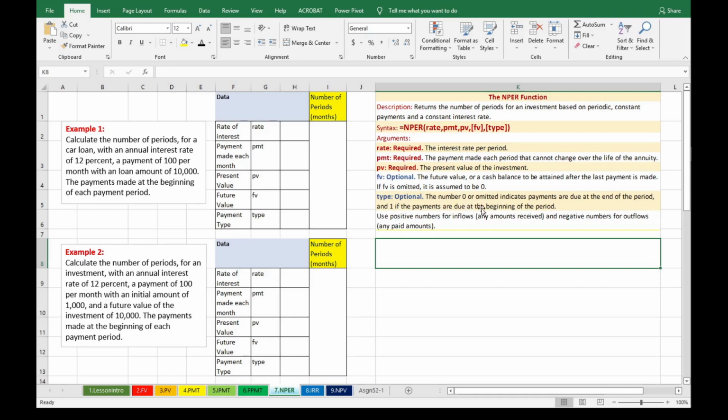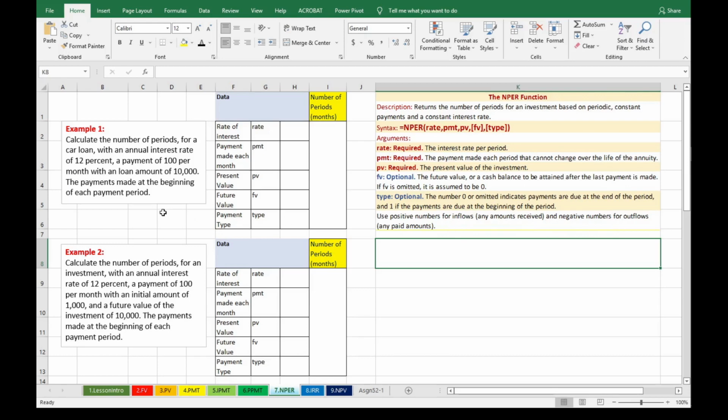It is 0 indicates the payments are due at the end of period, and 1 if the payments are due at the beginning of the period. Then we need to remember to use positive numbers for inflows, that is any amounts received, and negative numbers for outflows, that is any amounts paid.